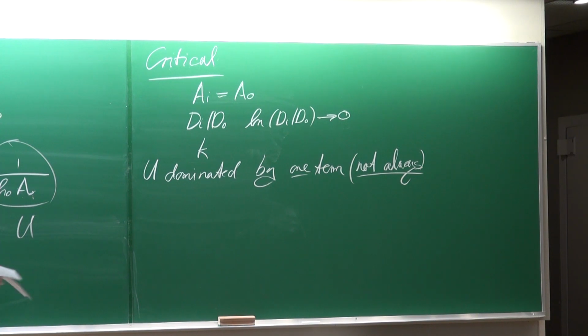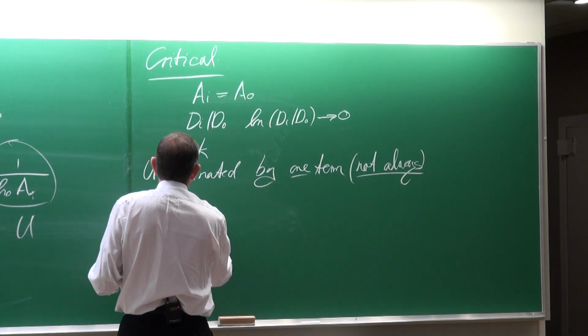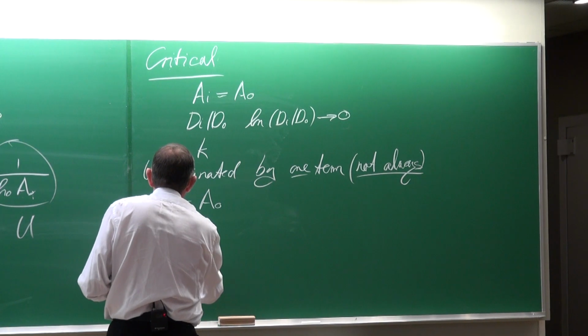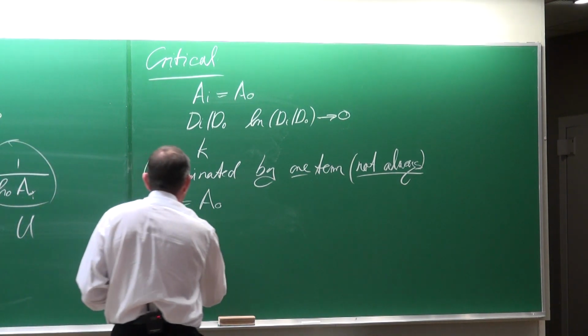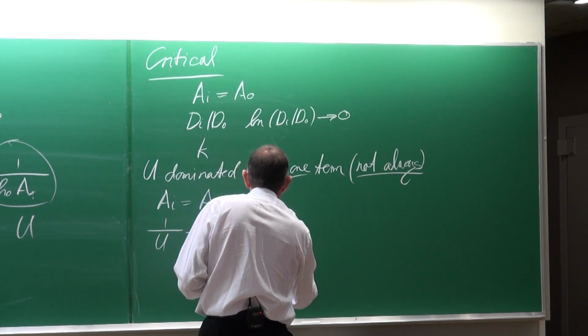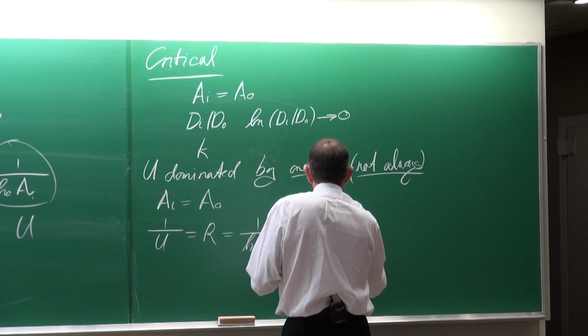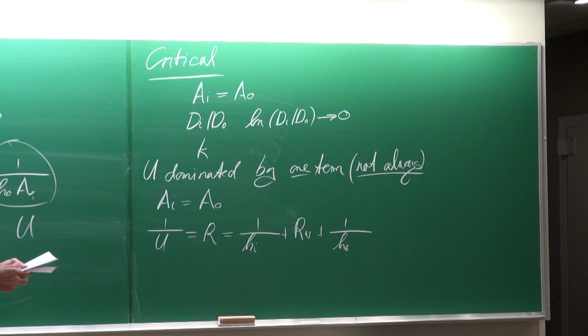Let's look, for example, at a case where the inside area is equal to the outside area. Then you can say 1 divided by U is equal to 1 divided by the heat transfer coefficient on the inside, plus the resistance of the wall, plus 1 divided by the heat transfer coefficient on the outside. Just as an example.